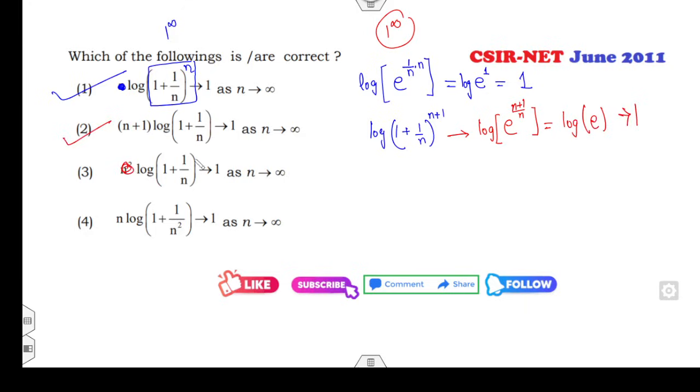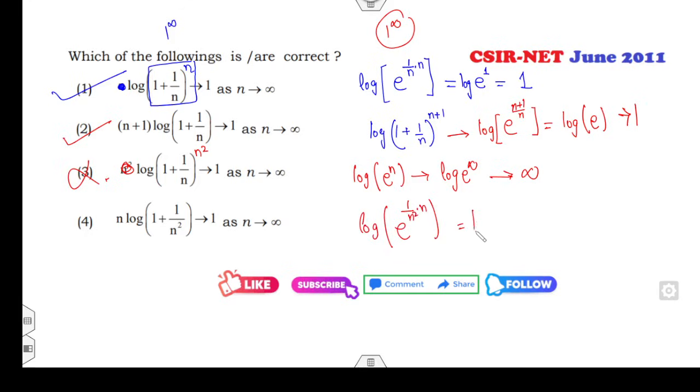Similarly, this n squared I can write as n squared, so that will be log of e to the n, that will go to log of infinity, but he said 1. And for the last case, log of (1/n squared) into n, that will be log of e to the 1/n, that will converge to log of 0. Log 1 is 0.